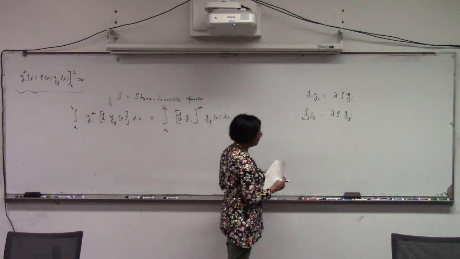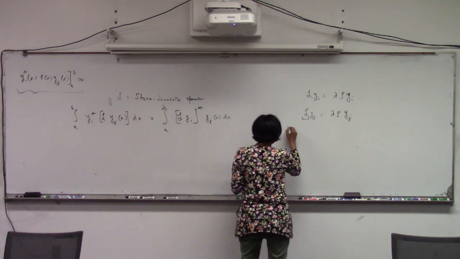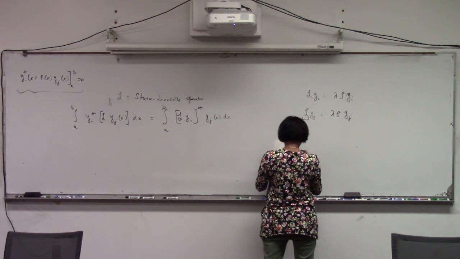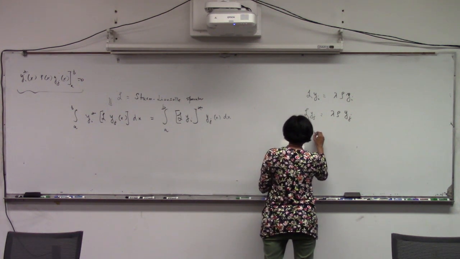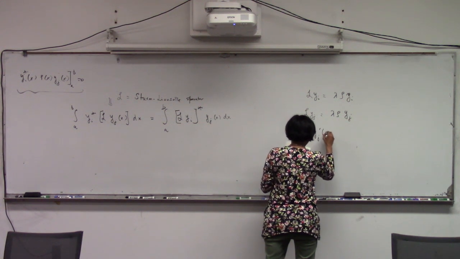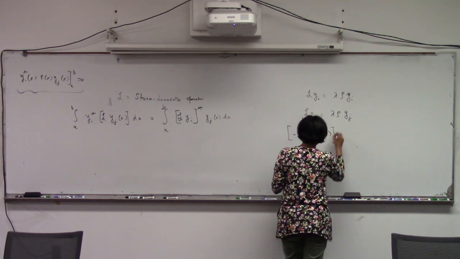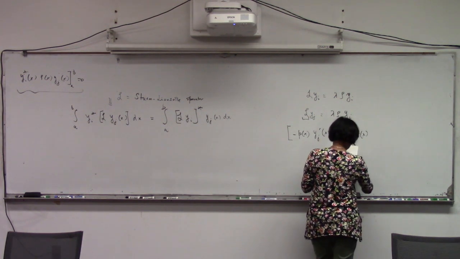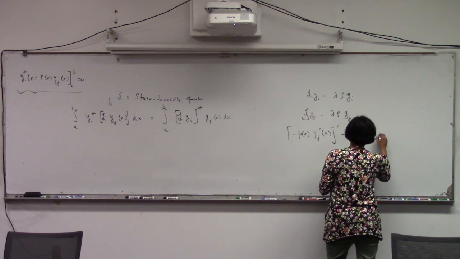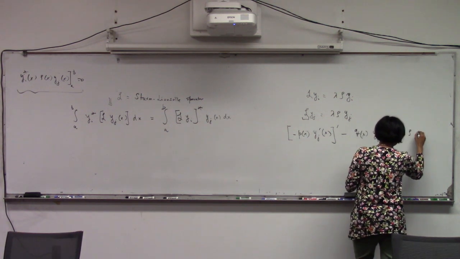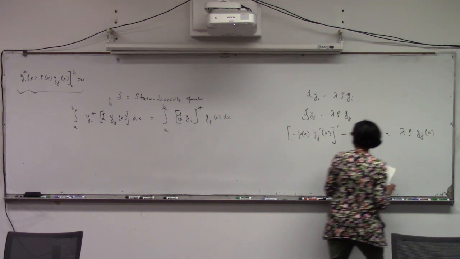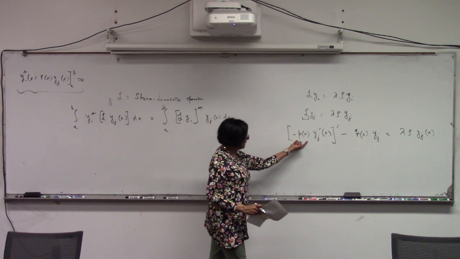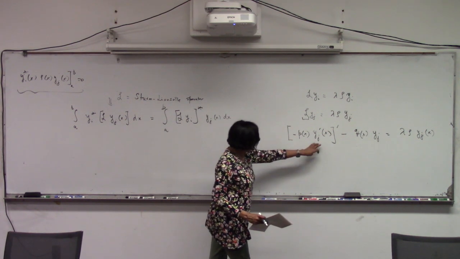If L is a Sturm-Liouville operator, I can write this as negative derivative of p of x y prime.